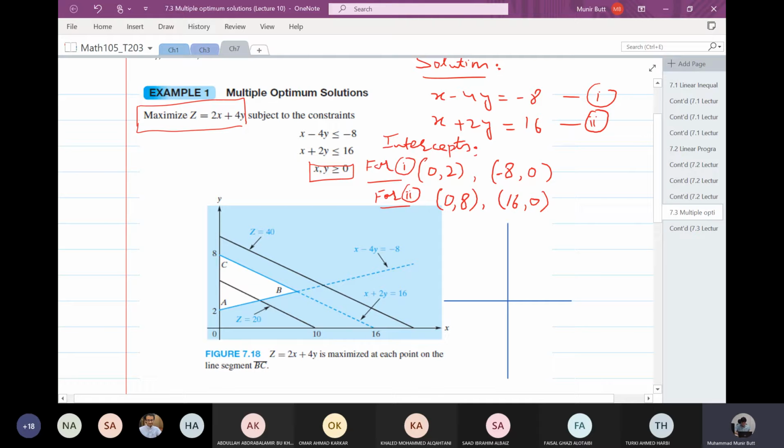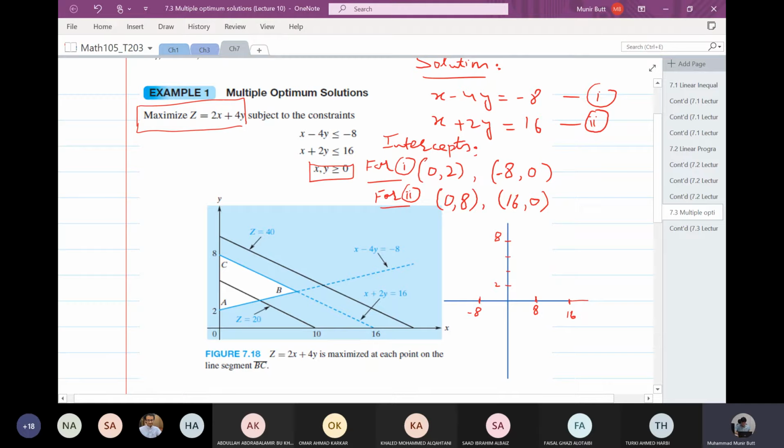But here we see minus 8, but this just for your, you can say 8 and 16, so 8, and here you can say minus 8 plus 8 somewhere here, 16, and the maximum value of y is 8. This is 8, so it will be 2, 4, 6 and 8.